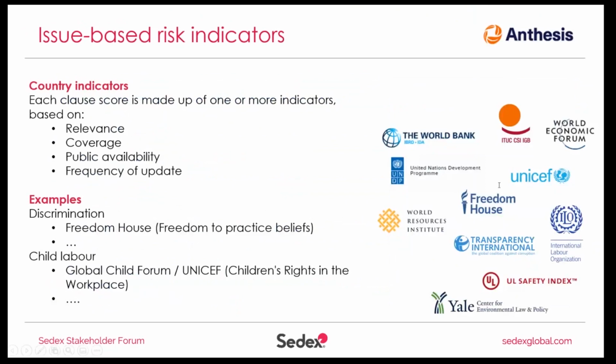and World Resources Institute for the environmental ones. Basically, as broad a set of indicators as we could use. And there are just a couple of examples there. For discrimination, we've looked at Freedom House, Freedom to Practice Beliefs. For child labour, we've looked at Global Child Forum, which is children's rights in the workplace.